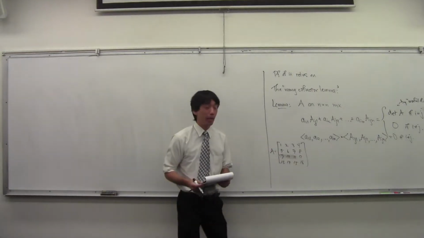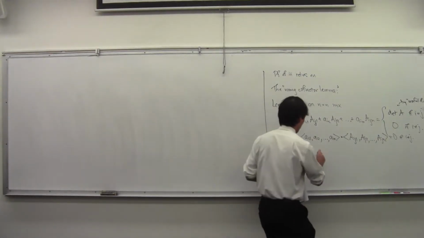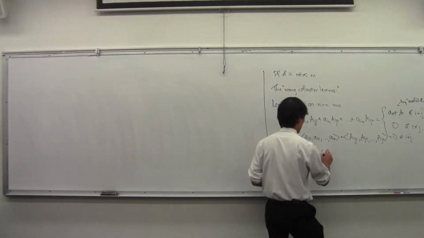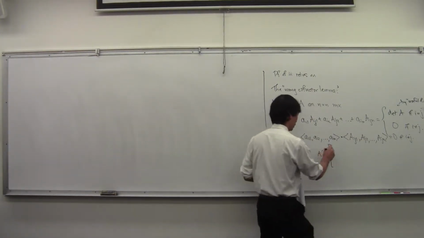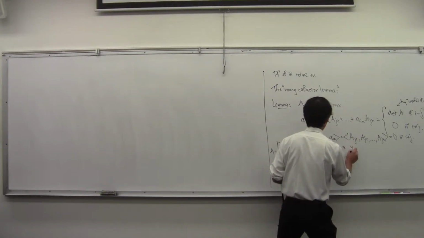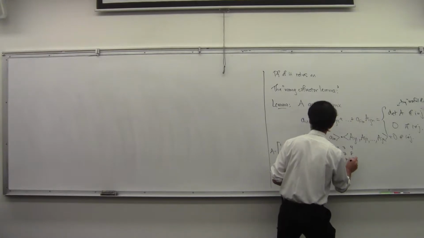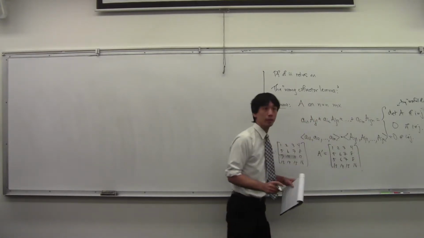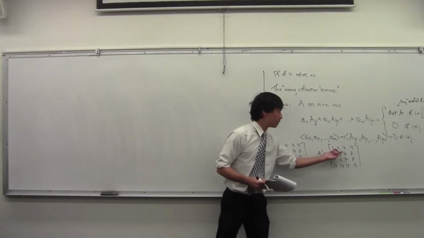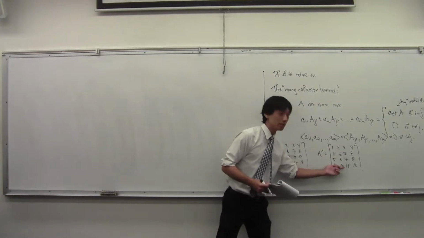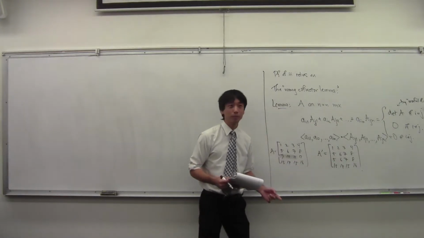Now what I'm going to do is create a second matrix, A prime, where I copy one of the rows onto the other. I'm going to copy and paste the second row and paste it onto the third row.